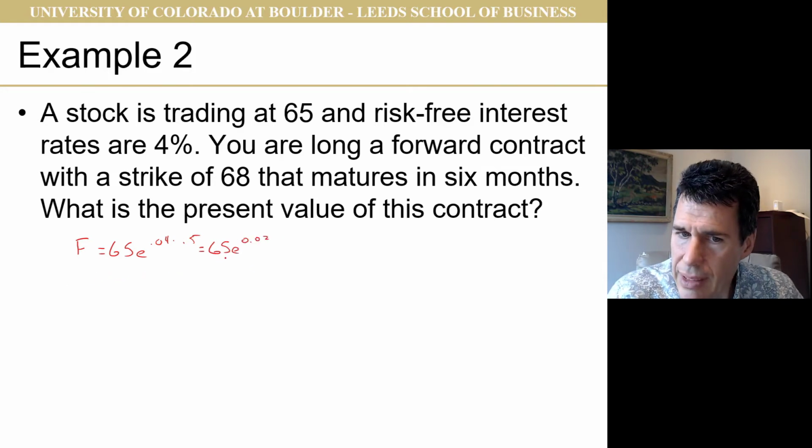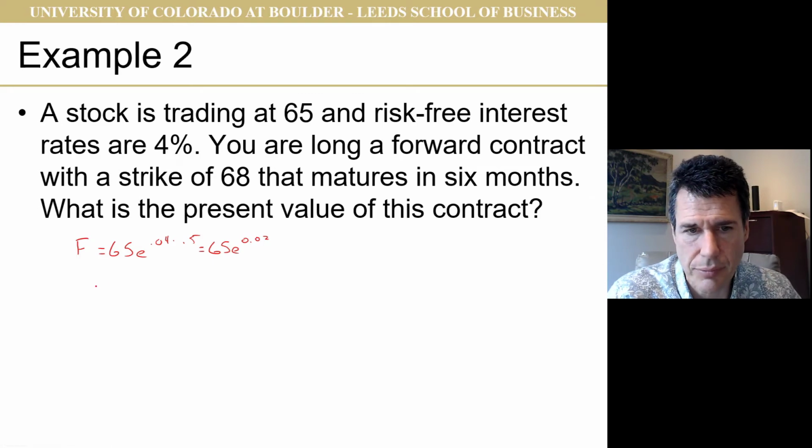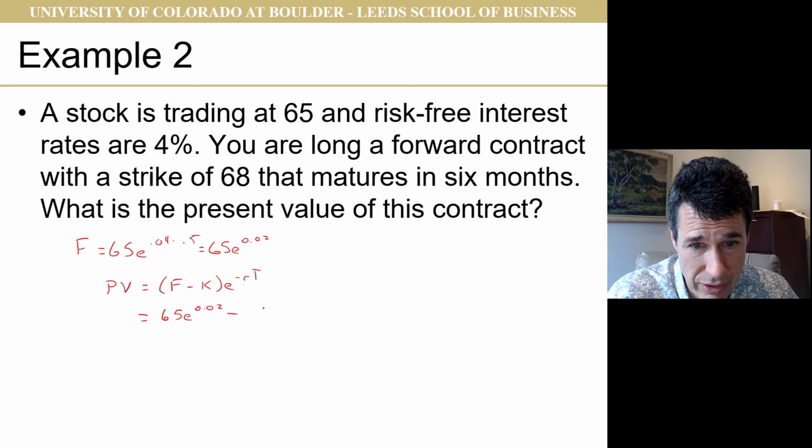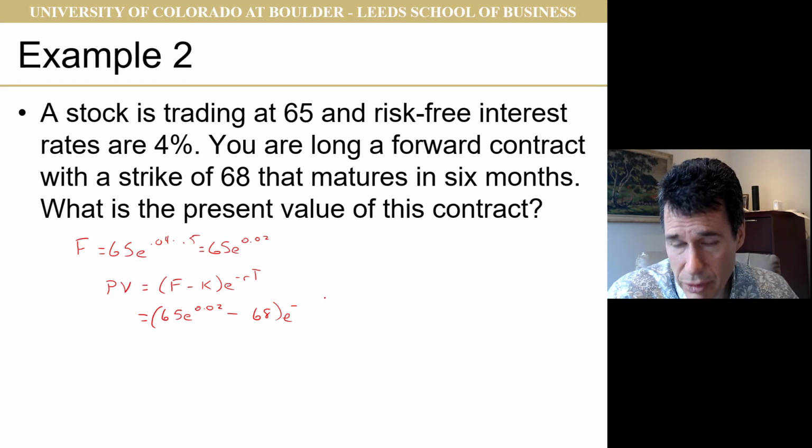And I'm just going to leave this like this for a second here and just show a little trick. So the present value of the forward contract, we're long, is (F minus K) e to the minus rT, equal to 65 e to the 0.02 minus K, the strike was 68, e to the minus, and again, 4% times 0.5 is 0.02.